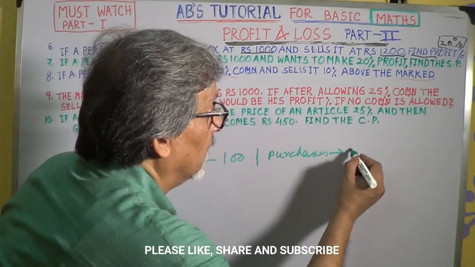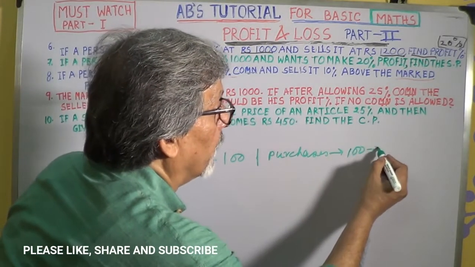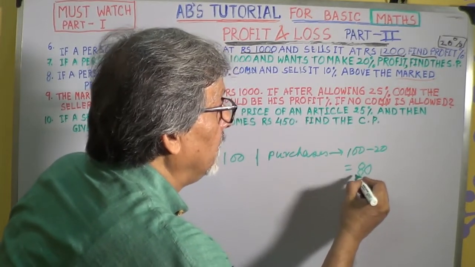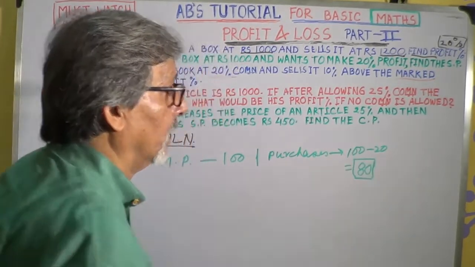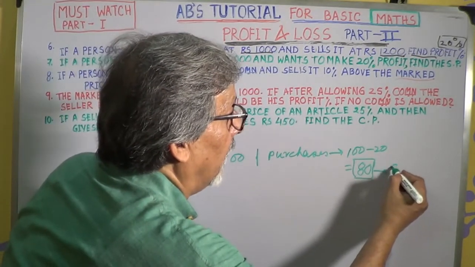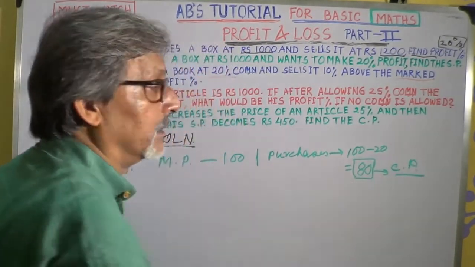This means from 100 less 20, he is purchasing at rupees 80, and this is his cost price.